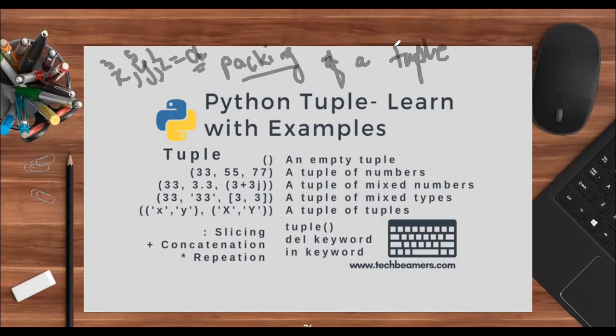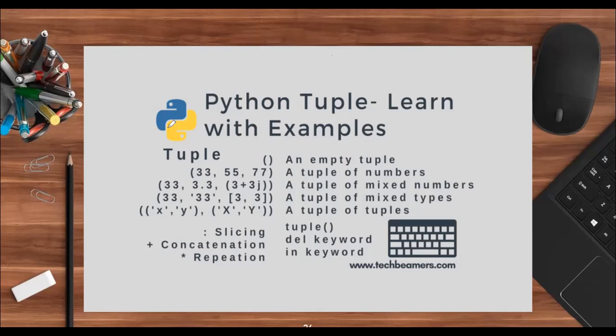Now, let's look at the reverse scenario where I have declared A. In this scenario, when I say X comma Y comma Z equals A, the values are being taken out of the tuple, and so this is called unpacking. So this was packing and unpacking of a tuple.